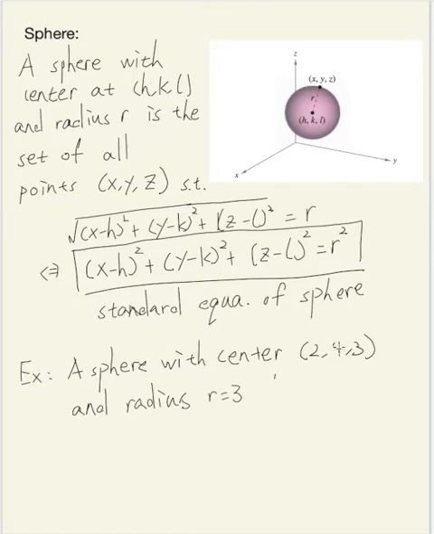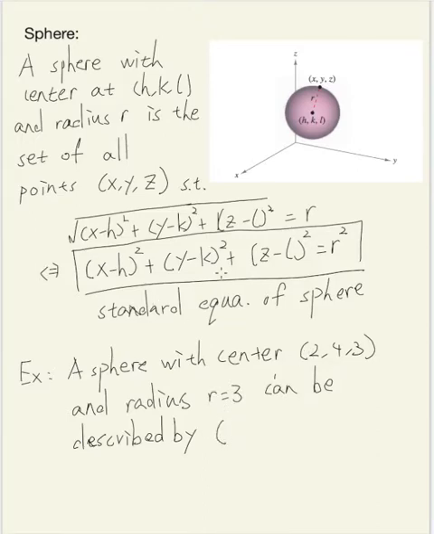An equation with center this and radius r can be described by the equation, or we just apply this formula directly, right?